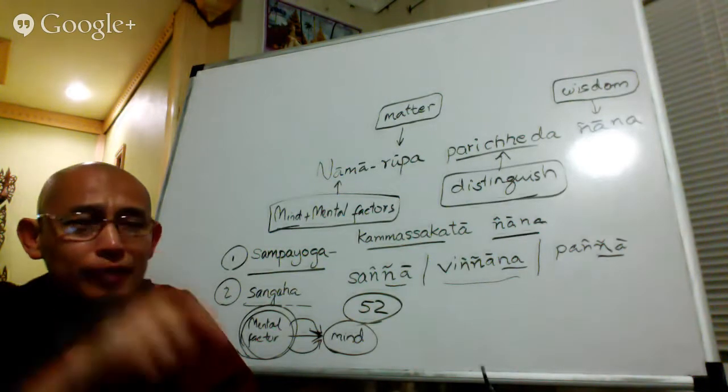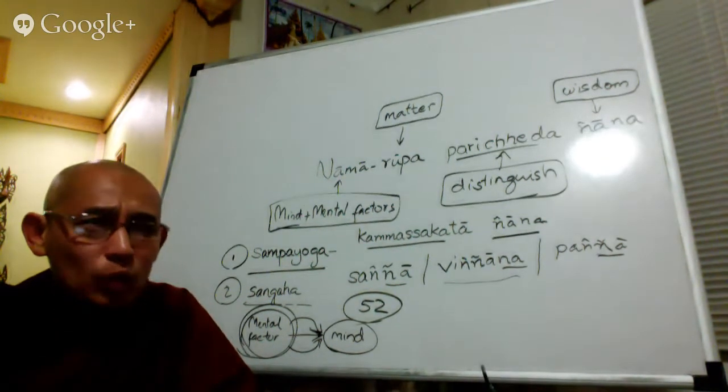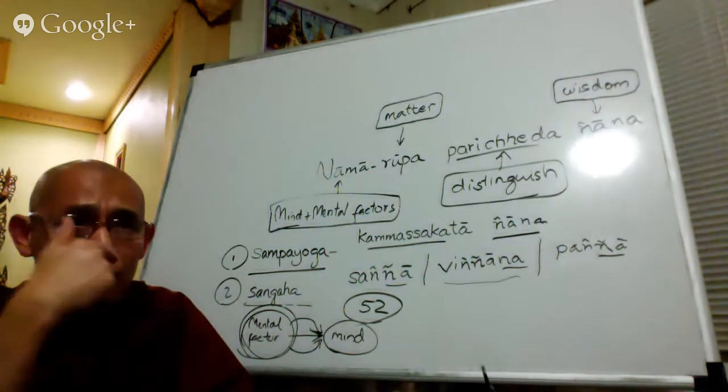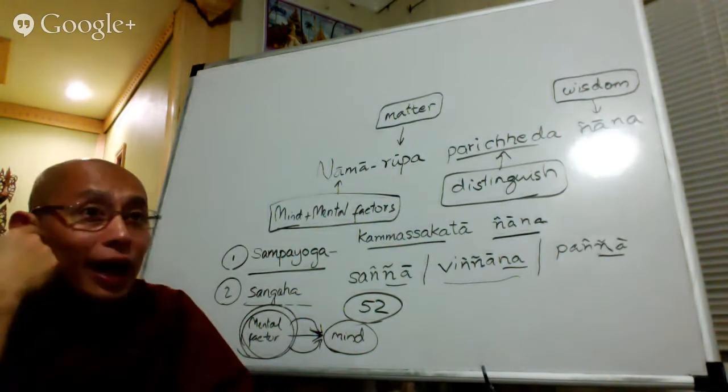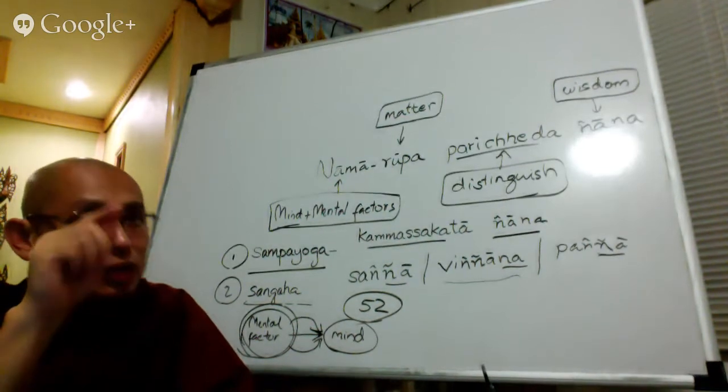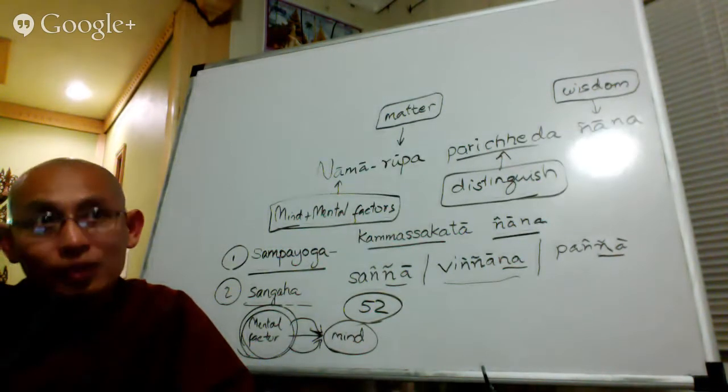And the very interesting thing is the mind. The five things, eye, ear, nose, tongue, body, need no effort. But the mind is always with effort, vidya.